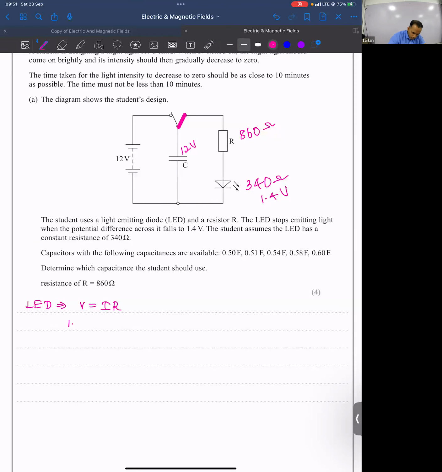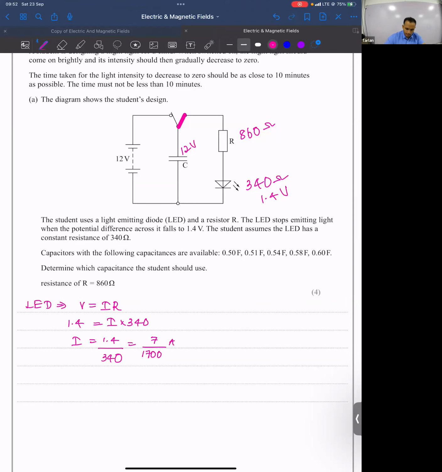V is 1.4, R is 340. So at that moment, the current in the circuit is 1.4 over 340, which is 7 over 1700. I will keep it as it is for now. Amperes.